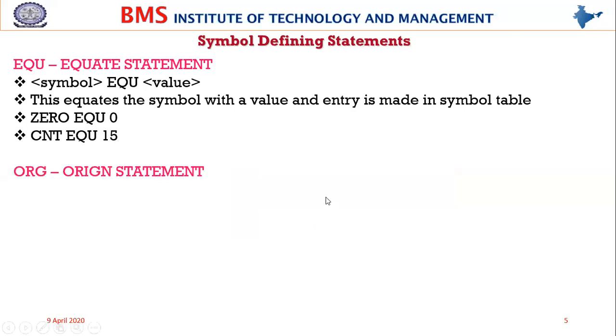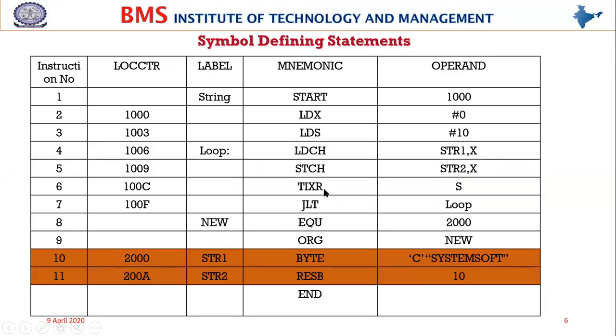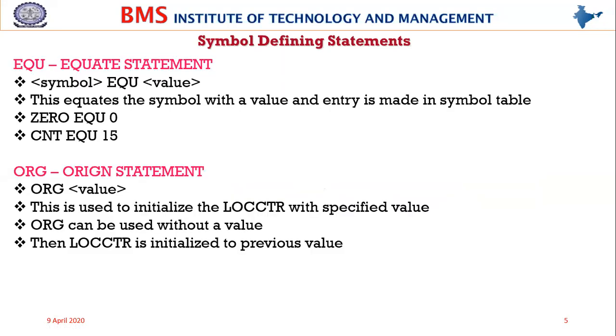And then the ORG statement. ORG reinitializes your location counter value to the specified value. So if you want to categorize your program somewhere, with instructions in one place and declarative statements in another place, you can reinitialize the location counter by using the ORG statement with a value.